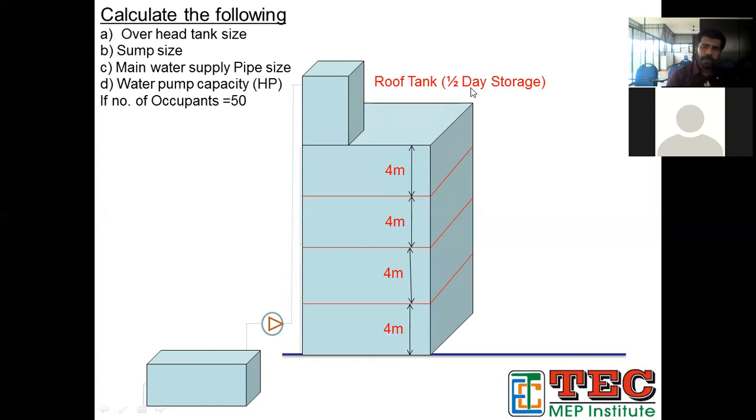My next question is, if the overhead tank is 3,000 or 2,500 liters, then what would be the underground tank capacity? It's a 3-day storage.